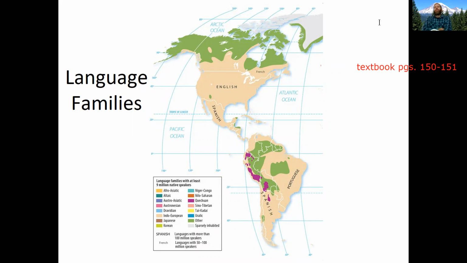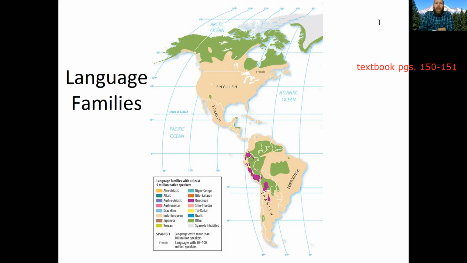Like I said, I think it's helpful to keep track of what's going on. So what I suggest is, go ahead and stop the recording, and recreate the maps on pages 150 and 151 in your textbook in your booklet on pages 26 and 27. Go ahead and stop the video and do that now.